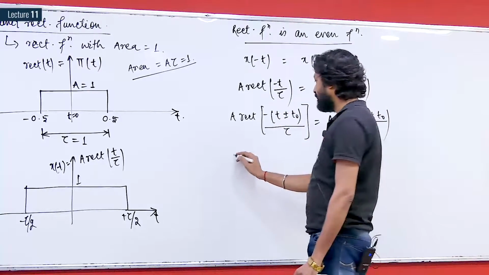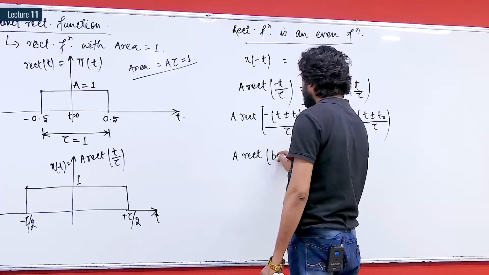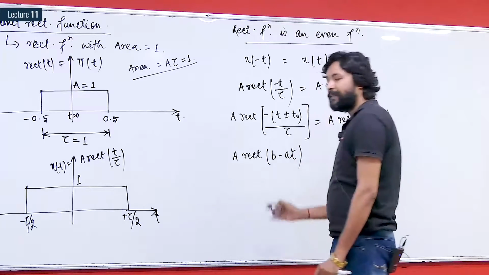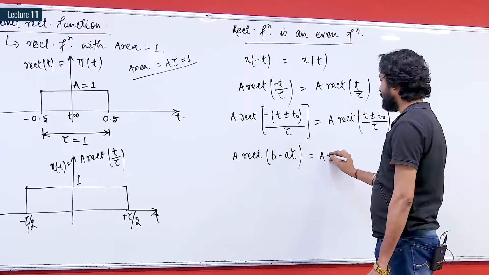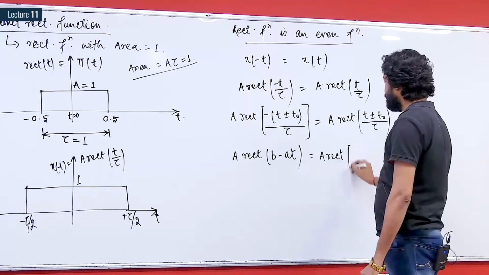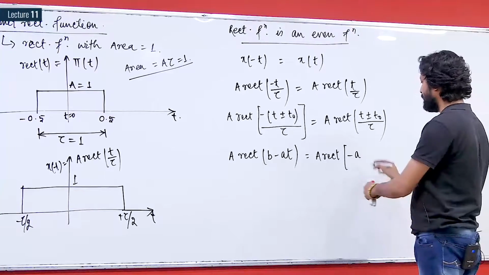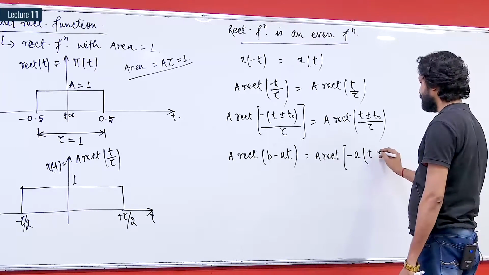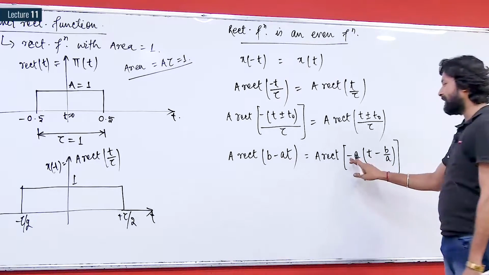If it is written as a rectangle of b minus at, then you can take this minus sign out, take minus a in common, then it will be t minus b upon a. And now you can discard this negative sign.